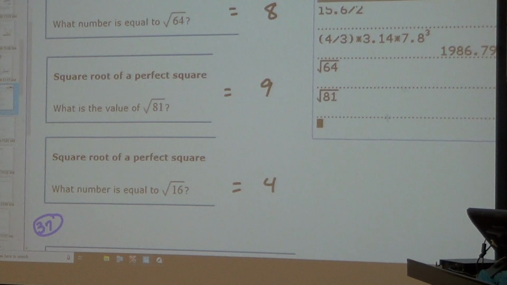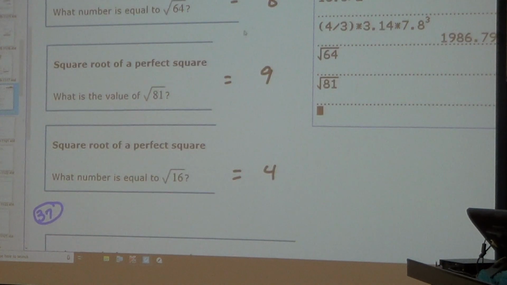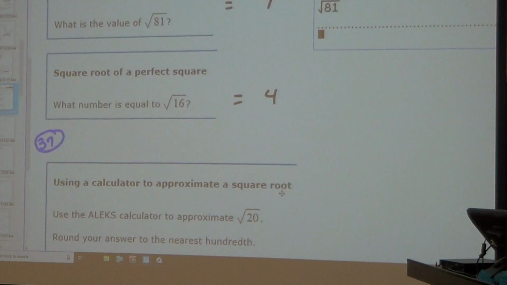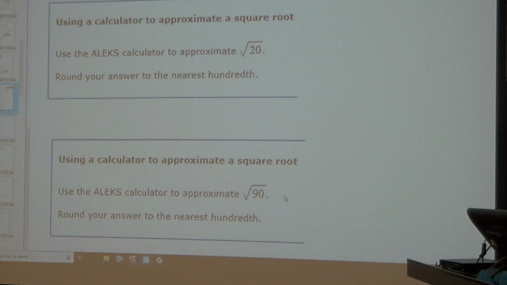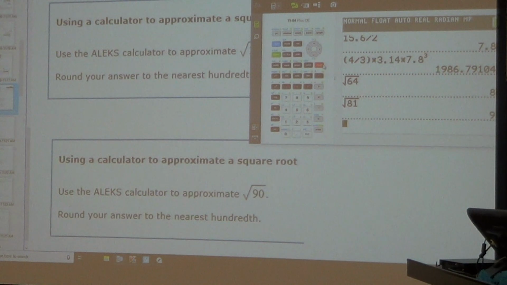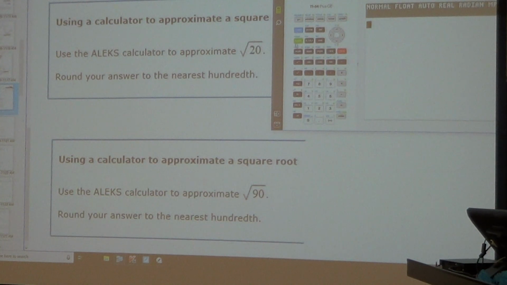Cool? Now, sometimes they're pretty square roots, which is what I call these, and sometimes they're not pretty square roots. So if they're not pretty square roots, it'll tell you, hey, this is not a pretty square root, just round it. So I would do the square root of 20, and then I would do the square root of 90.